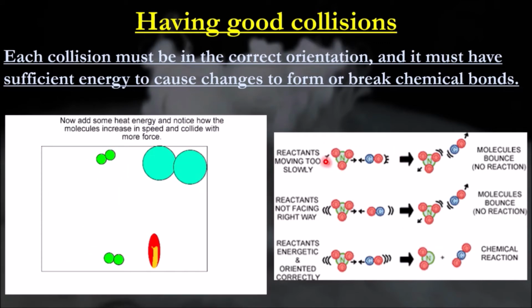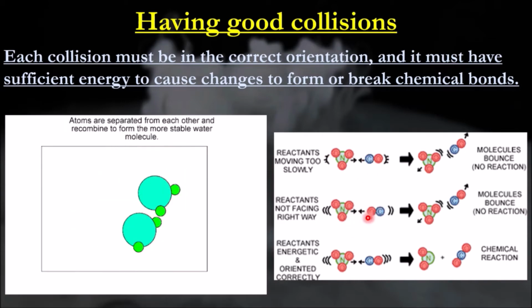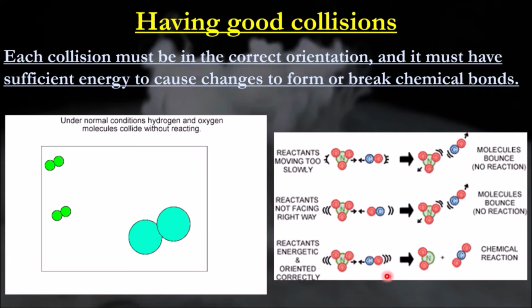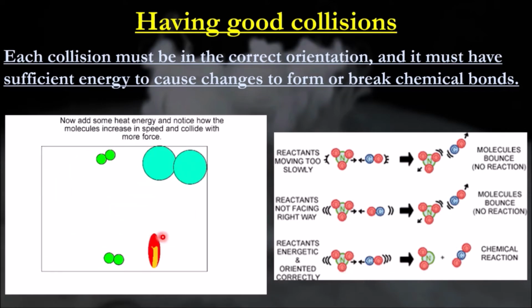Say for example we have this diagram here, and we don't have the correct collision, or this one here. You can see we have an oxygen colliding into an oxygen, and that won't give us the molecule we want, right? If we have the carbon facing the oxygen, then we can get CO2 forming. So orientation is important, as well as having the right energy in that collision point.